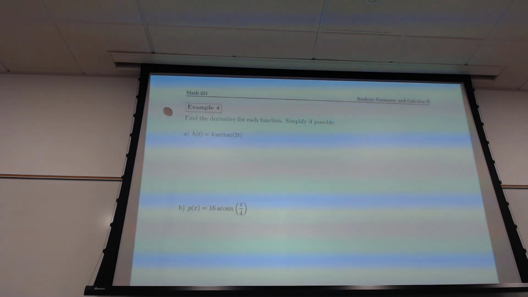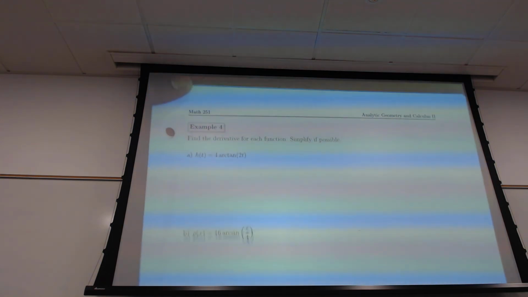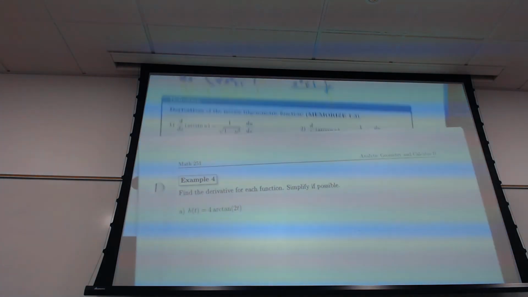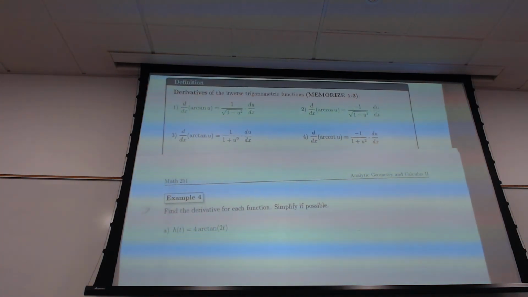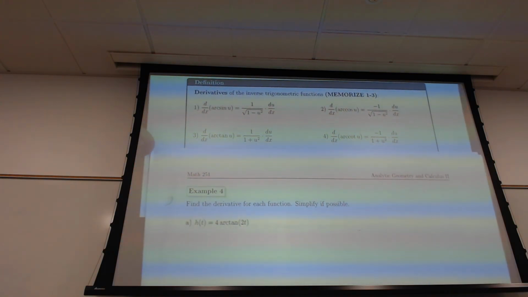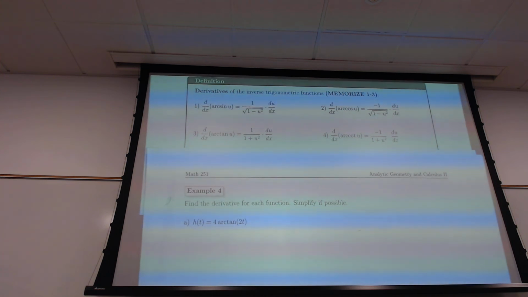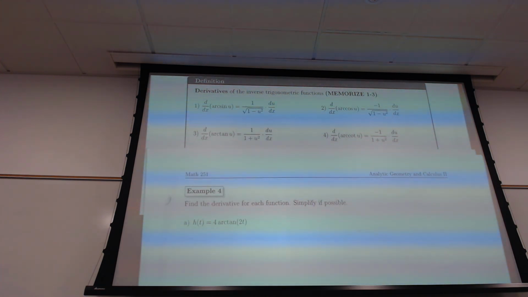We need to identify that derivative for arctan, in fact the one that we just derived. Let me have it here for our reference. The derivative of arctan is 1 over 1 plus u squared, where u is the quantity inside the parentheses, and then multiply by the derivative.